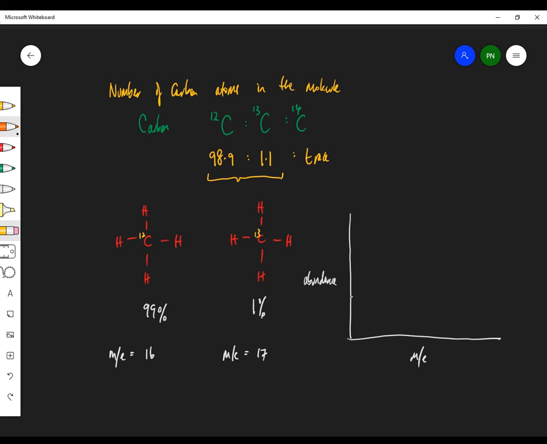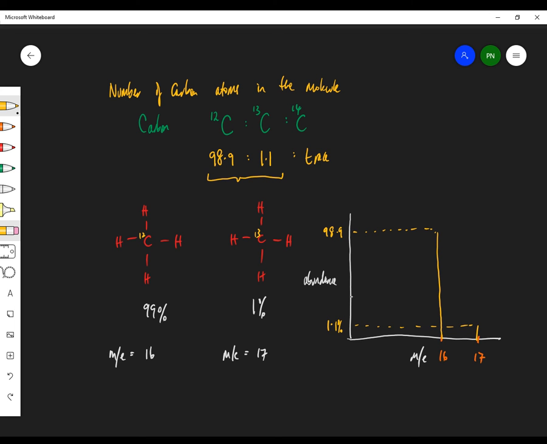So we'll get two peaks here: a peak at 16 and a peak at 17. The peak at 16 is going to be about 98.9%, and the peak at 17 is going to be about 1.1%.